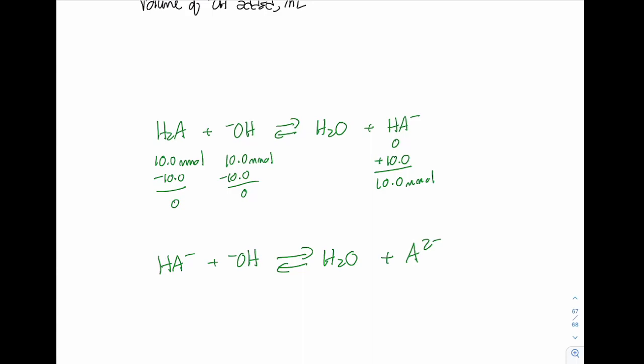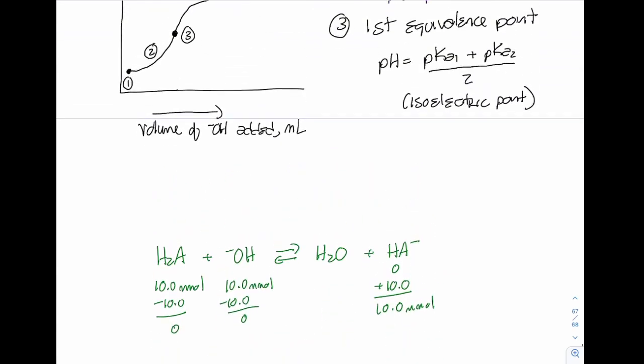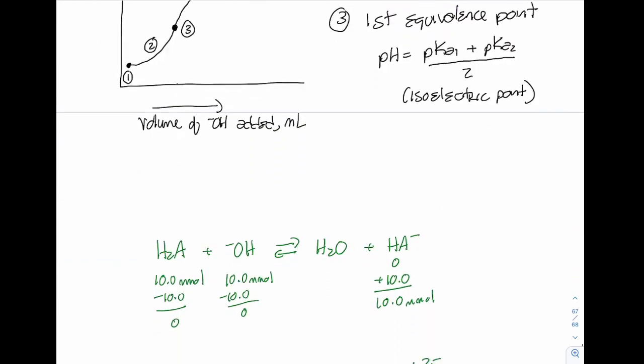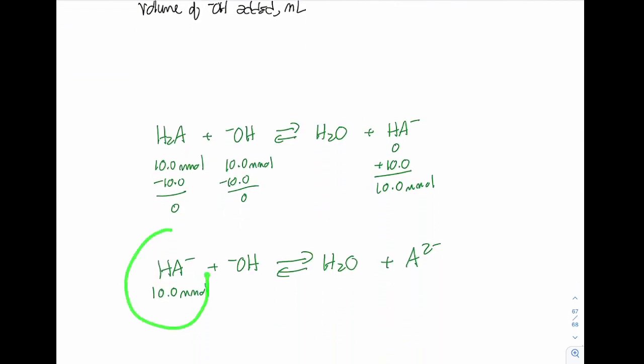And then kind of looking at our numbers again, I have 10 millimoles of this one, so I'm going to bring that over here. And then again, at the second equivalence point, moles of HA minus are going to equal my moles of OH minus.